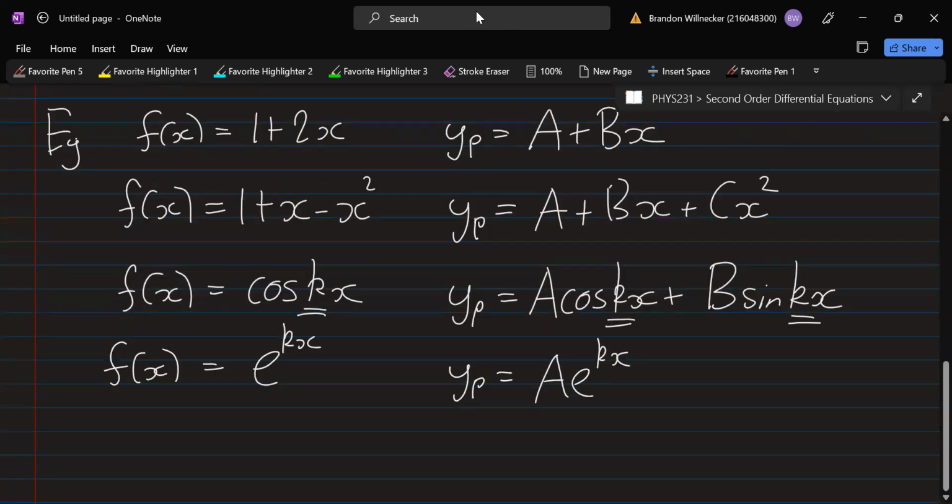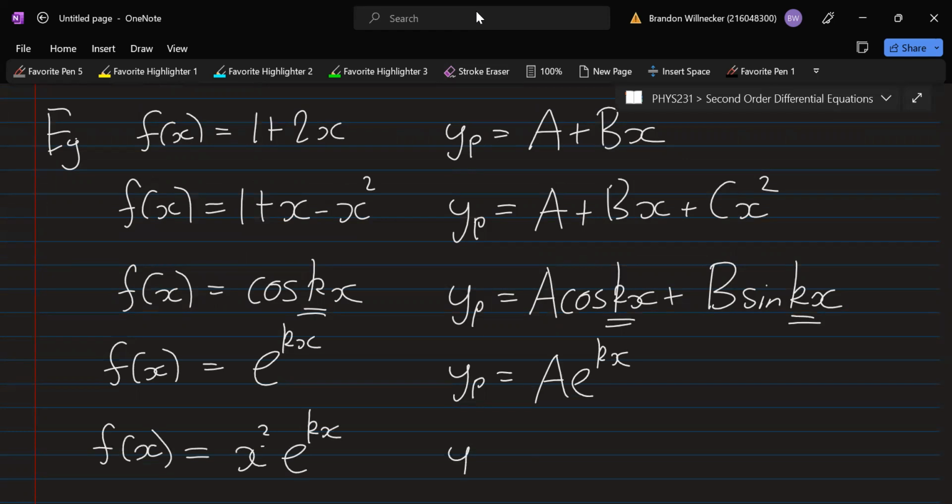And then lastly, we can have a combination of things. Let's say we have a polynomial times an exponential. Well, now we just combine the particular solutions for both of those. Since we've got a polynomial x squared, we're going to have a general polynomial a plus bx plus cx squared.